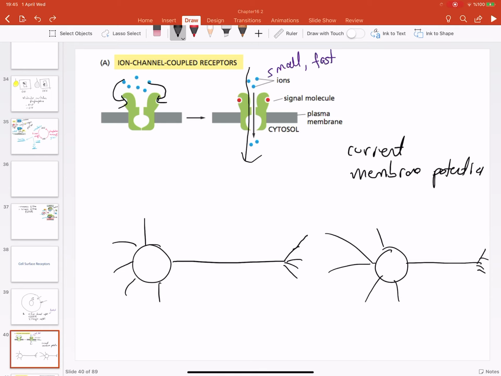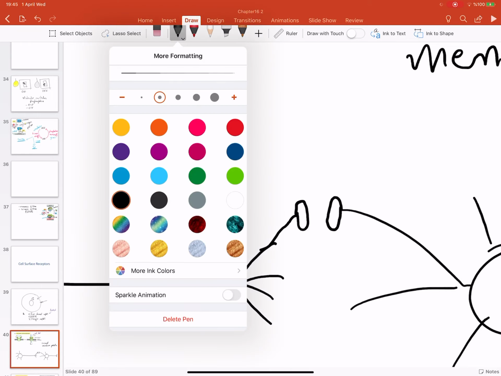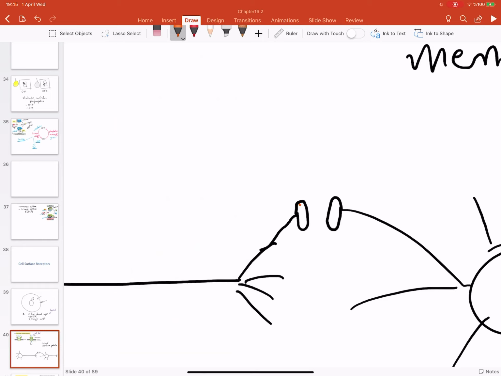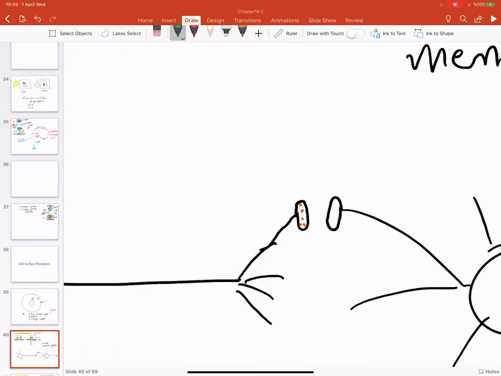Let's not draw it this way, let's draw it better. Of course, there's a synaptic terminal, there's a postsynaptic site, and there are signals that are released from here, and that signal has to be received on the postsynaptic surface.